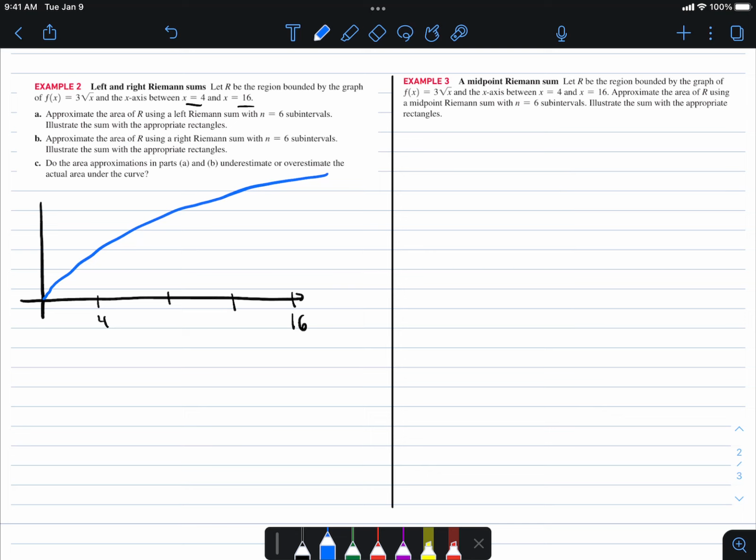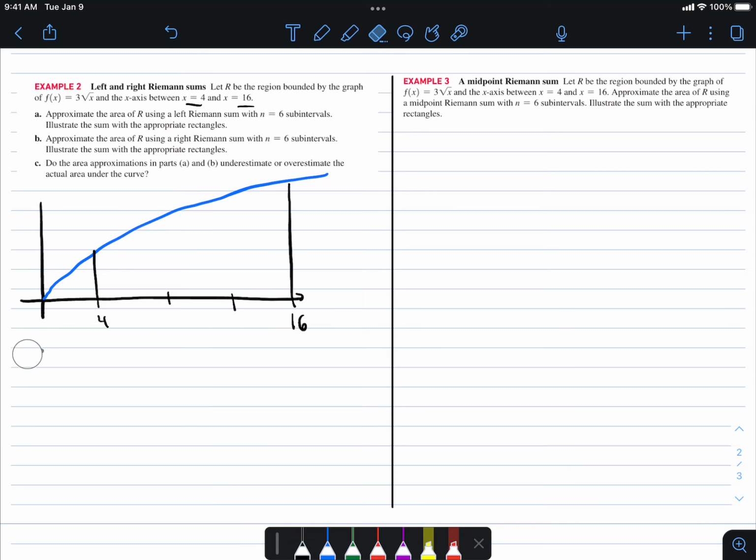I'm trying to find, starting with item A, using a left Riemann sum with 6 subintervals, I have to first divide the interval 4 to 16 into 6 parts.